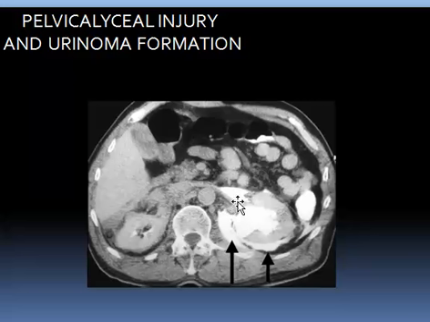So you have the three possible collections around the kidney: anterior pararenal, within Gerota fascia, and subcapsular, as well as intraperitoneal.